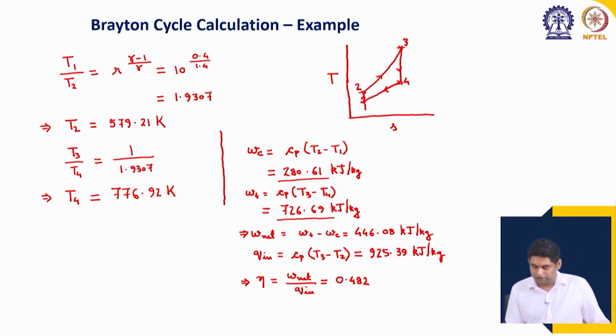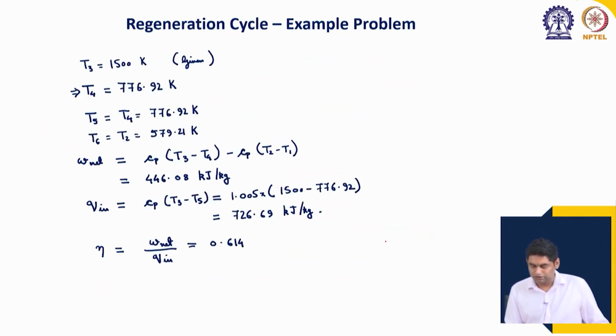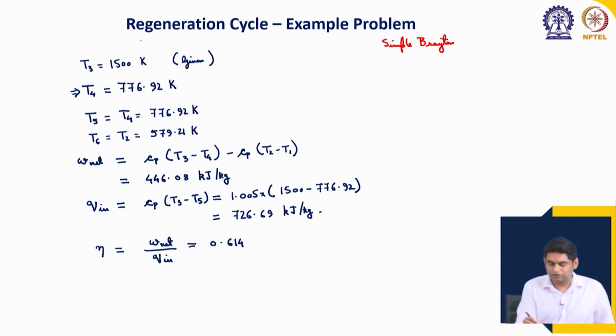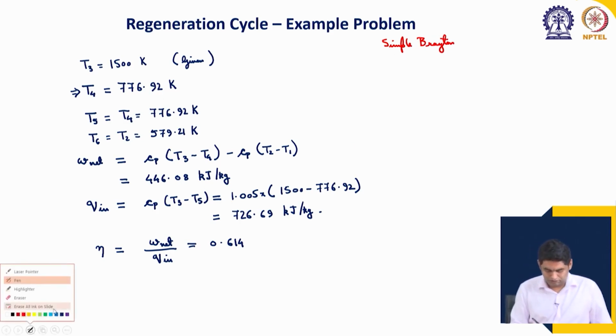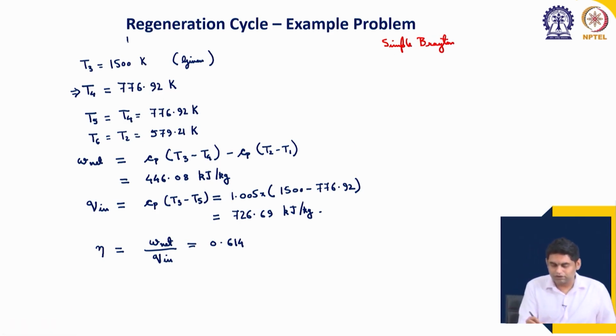What was the net work output for the simple Brayton cycle? 446.08. So, it should be the same here. So, that is the same for both cases. Simple Brayton, and this is for regeneration.